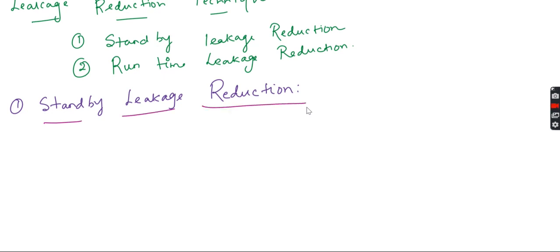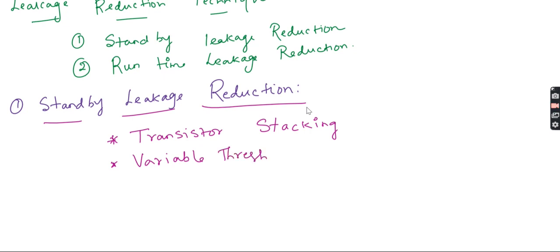Now, the standby leakage reduction techniques. What are the different techniques we have? In total, there are three techniques. The first technique is transistor stacking. The second technique is variable threshold voltage CMOS, in short VT CMOS.